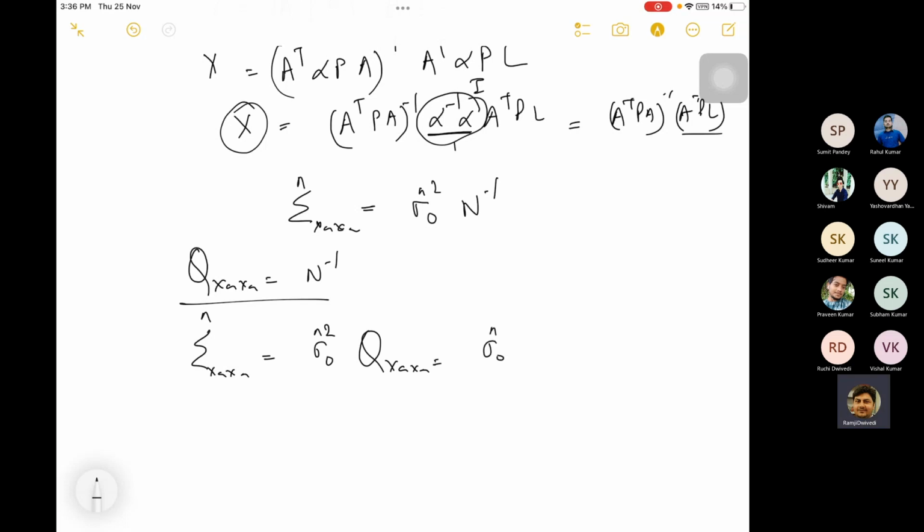So it would be given by sigma naught hat square multiplied by N inverse. What is sigma naught hat square? We all know that it is V^T P V upon n minus u, isn't it? And then multiplied by (A^T P A) inverse. So when you replace again P by alpha P.